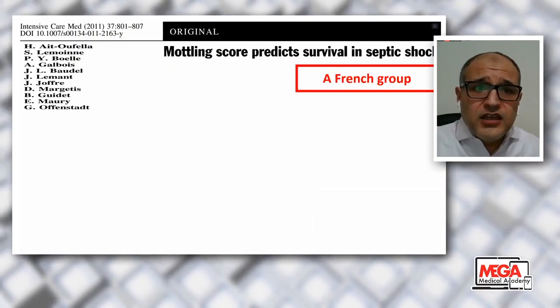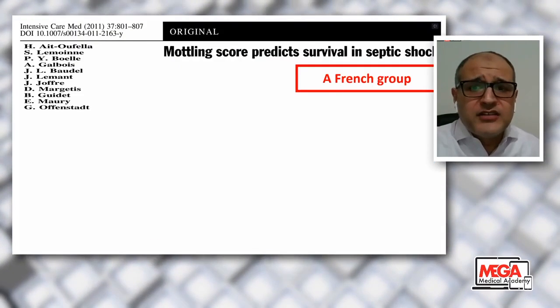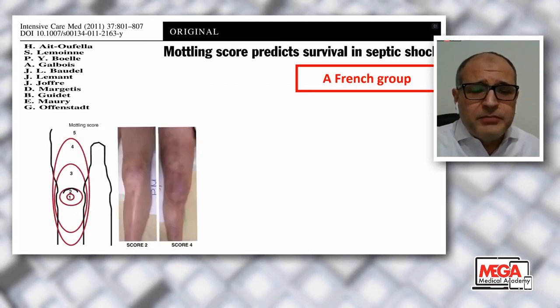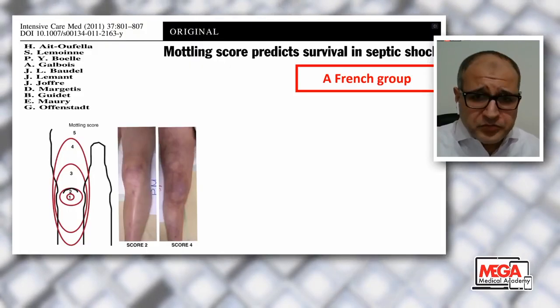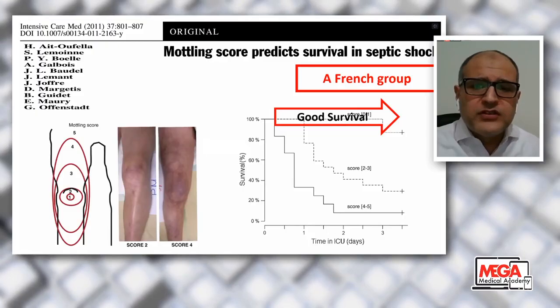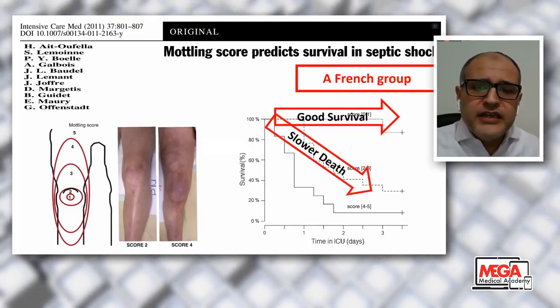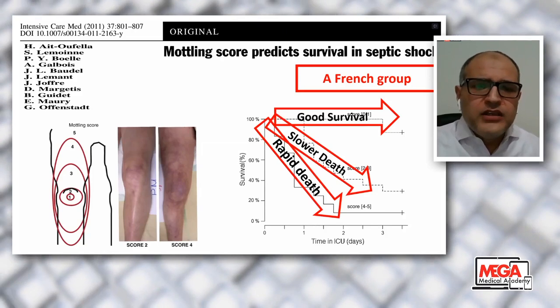In this study, a French group found that a mottling score can predict survival in septic shock. They made the score according to the area which is mottled in the skin, and they found that if the score was low, there was good survival. When the score increases, there is more rapid death than when there is no mottling.